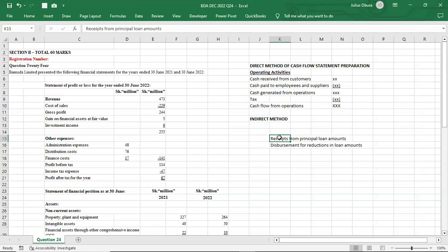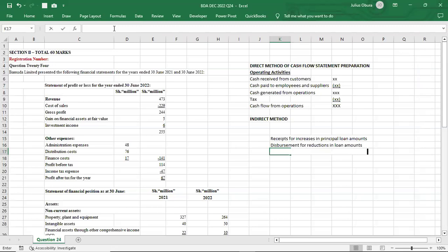Actually, let me add something here. Receipts for increases in principal loan amounts. Disbursements for reductions in loan amounts.